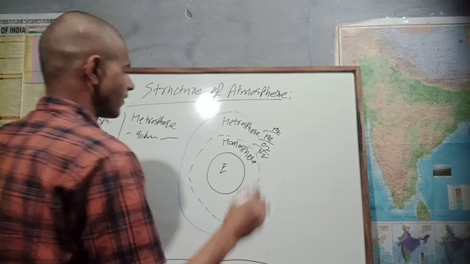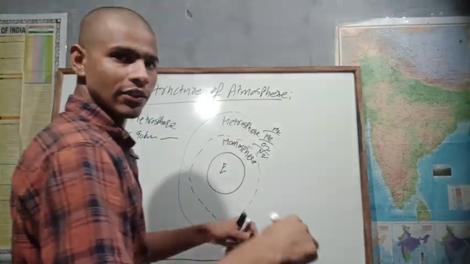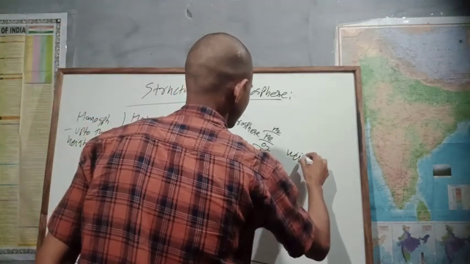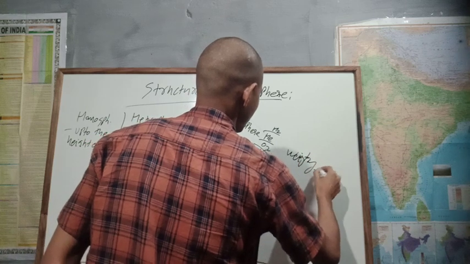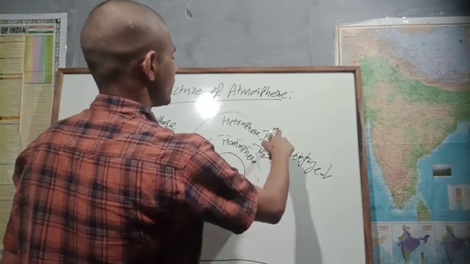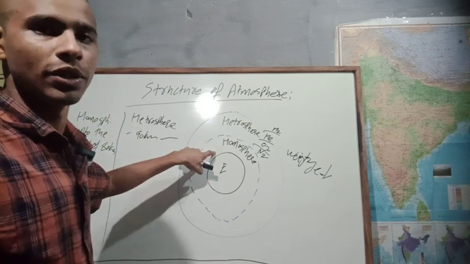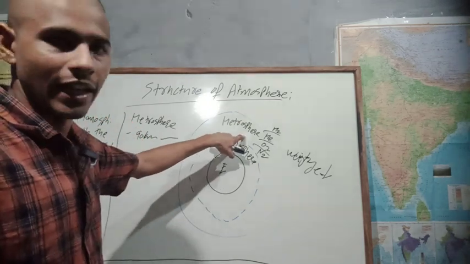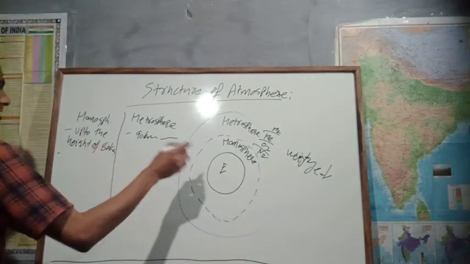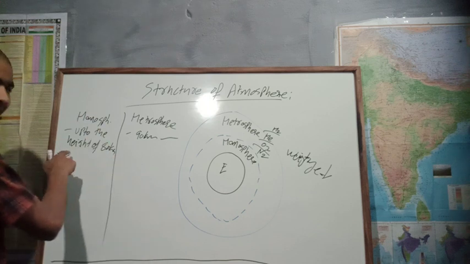The weight is decreasing as we go: nitrogen, oxygen, helium, and hydrogen. So here there is uniform mixing of gases, but there the gases are arranged in layers.